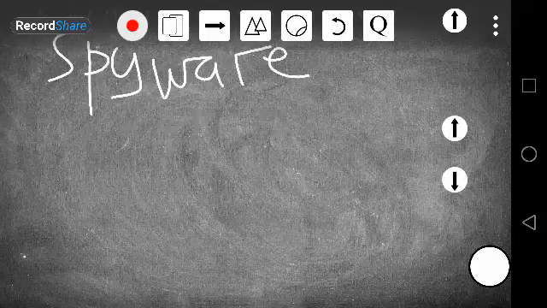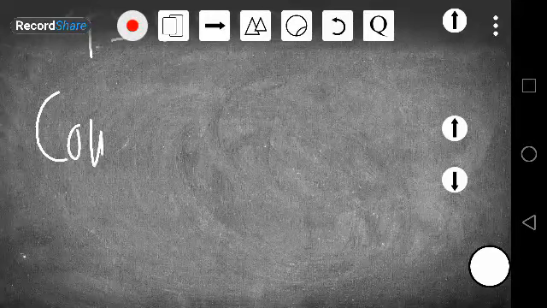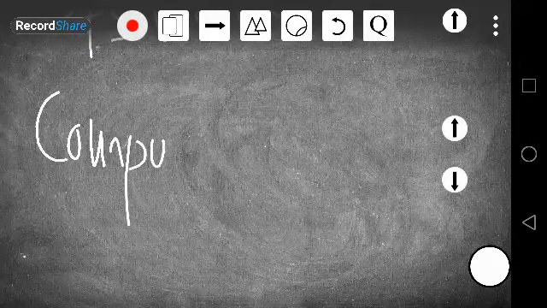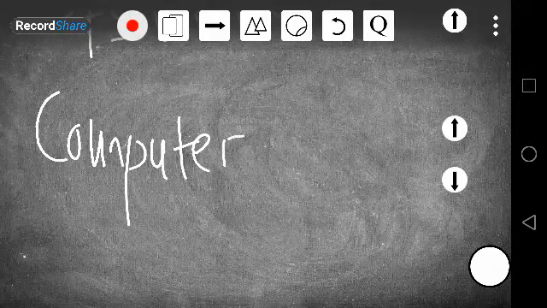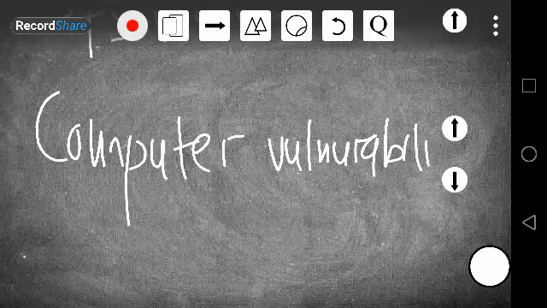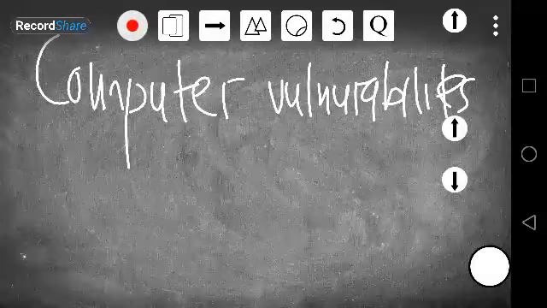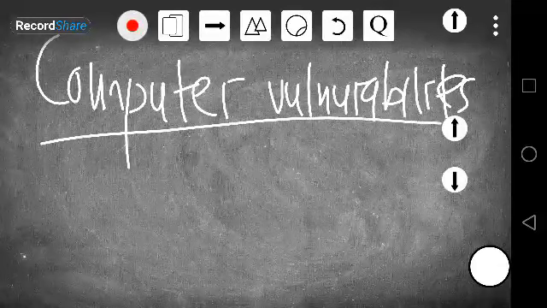Then we have computer vulnerabilities. Now, computer vulnerabilities, we are saying your computer is now in a bad state, that it can be attacked anytime.